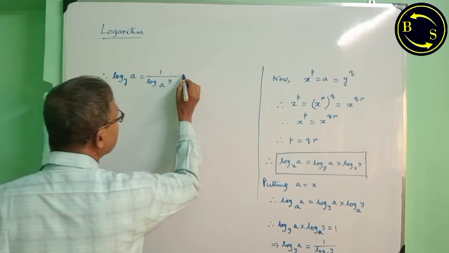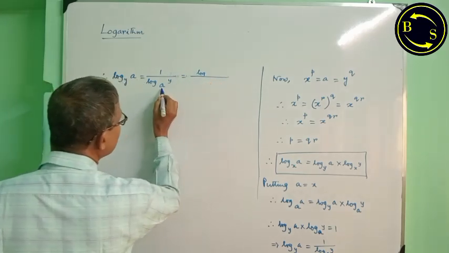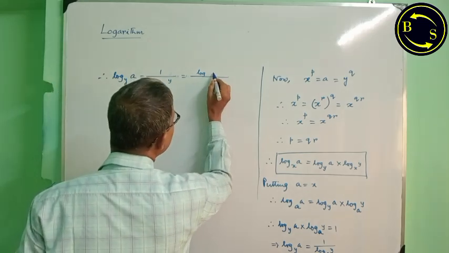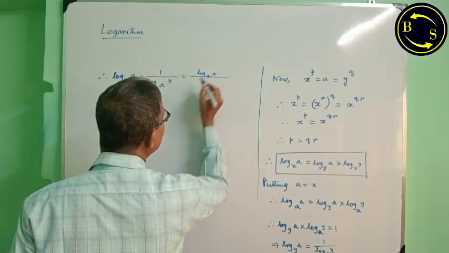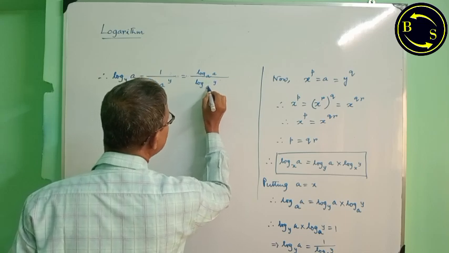Now this one can be written as, here base is a, therefore 1 can be written as log of a to the base a, over log of y to the base a.